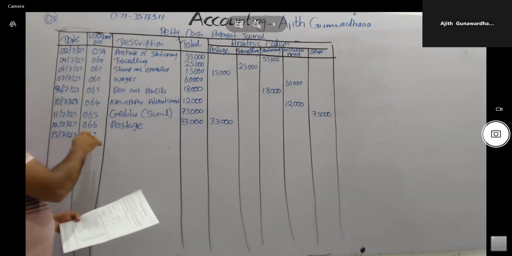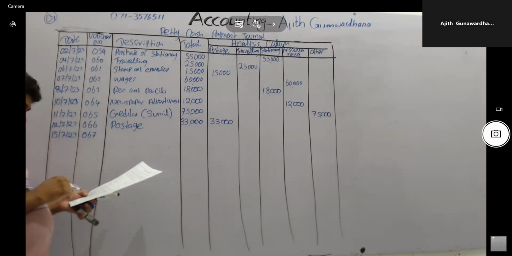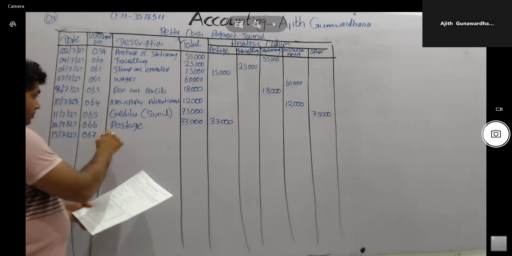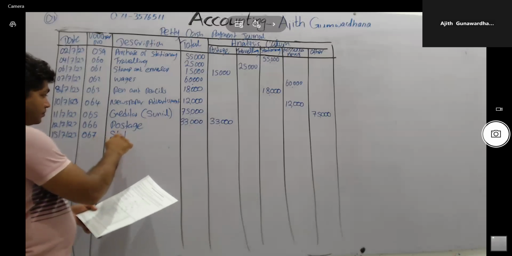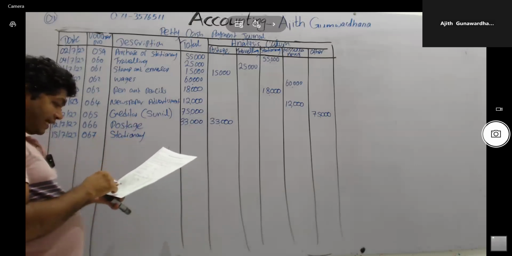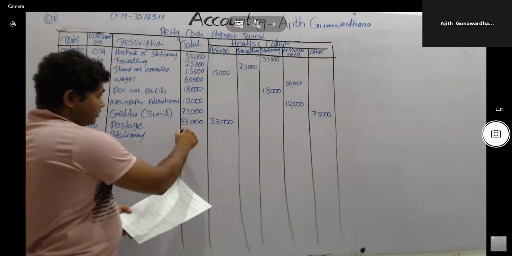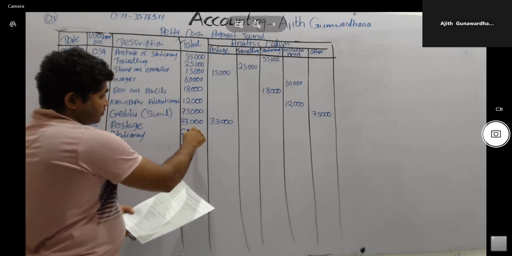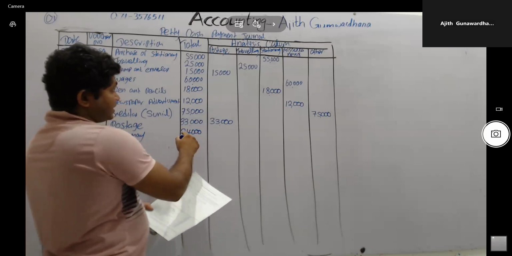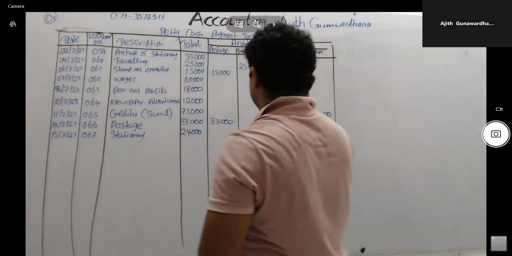Voucher number 067. Stationery, value equal 24,000. Therefore, separate column available for stationery. 24,000 will be recorded here.